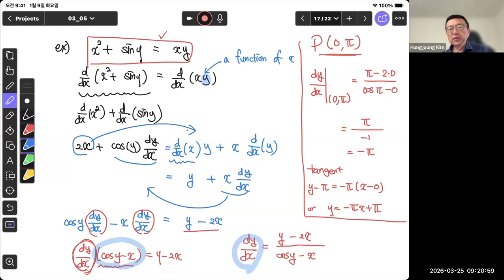So this implicit differentiation is quite useful when a certain equation is given, and especially when it is difficult to derive an explicit relation for y, then you can apply implicit differentiation. And we will use this quite often. So please practice this implicit differentiation.